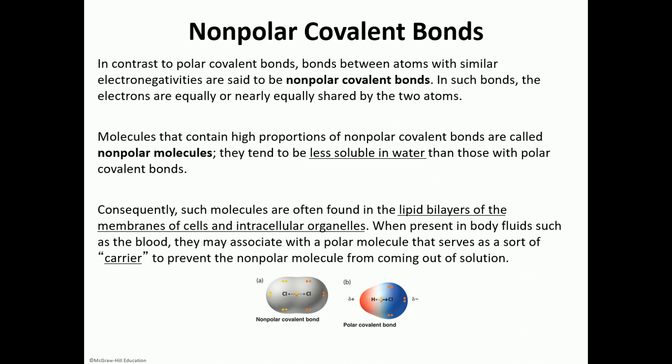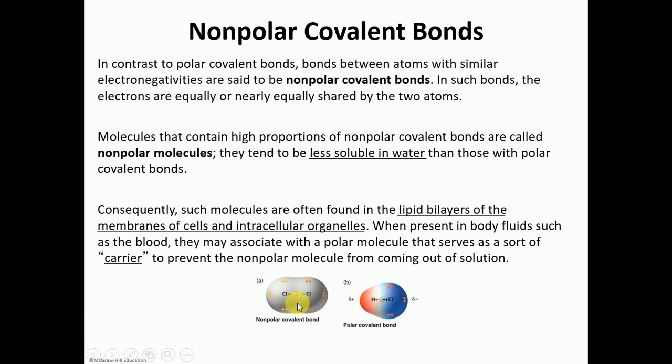So the nonpolar covalent bonds, again, whenever you mention covalent, you want to have that reflex where covalent means sharing of electrons. If the electrons are shared equally, that means it's nonpolar. I do not have a positive and negative end of this molecule.